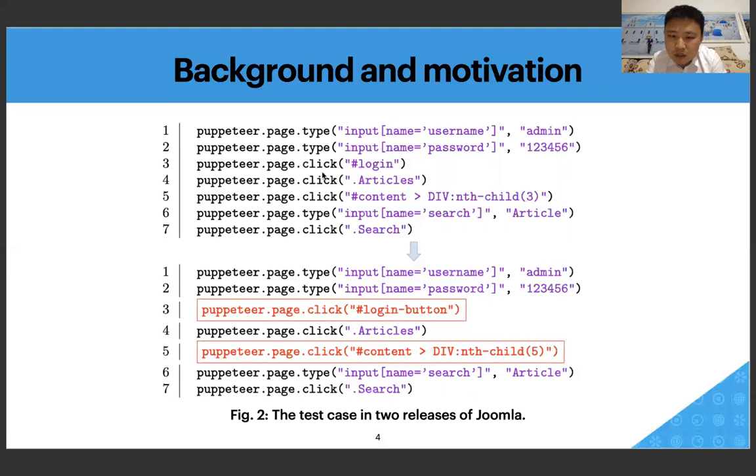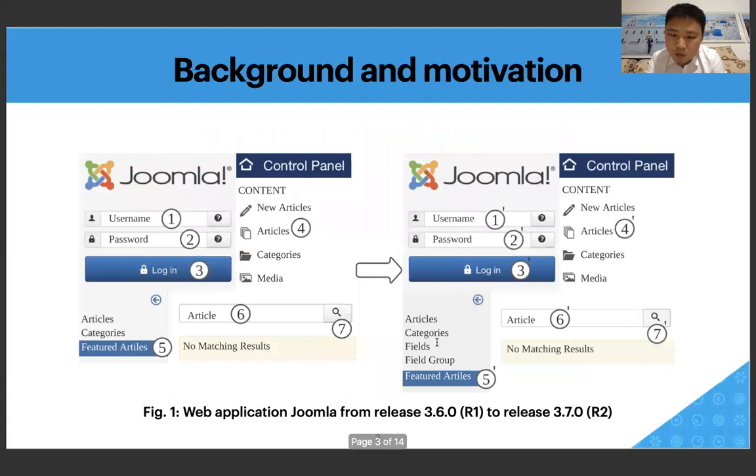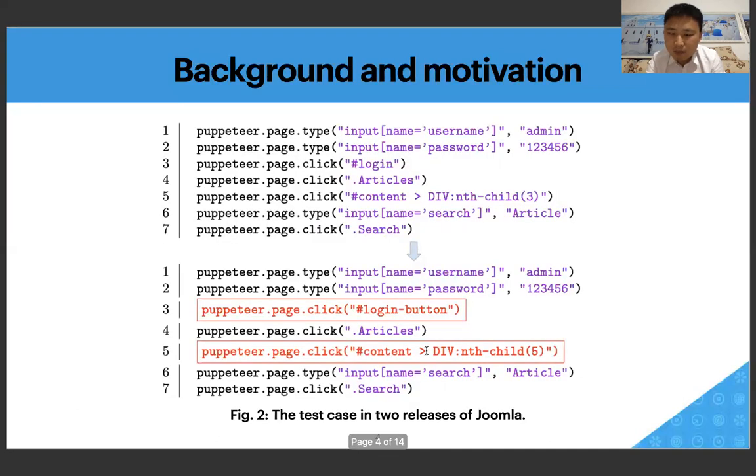So when we execute this test case, the selector cannot target the real featured articles. It targets fields. So it was mis-selected. This example is a mis-selection breakage.